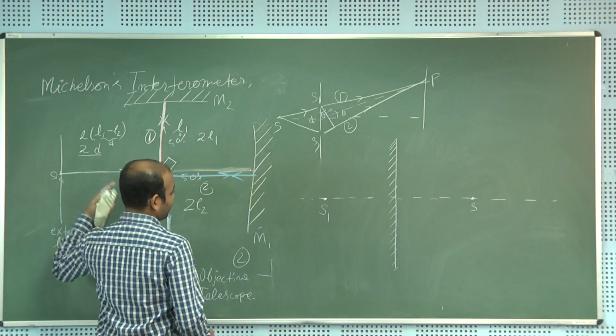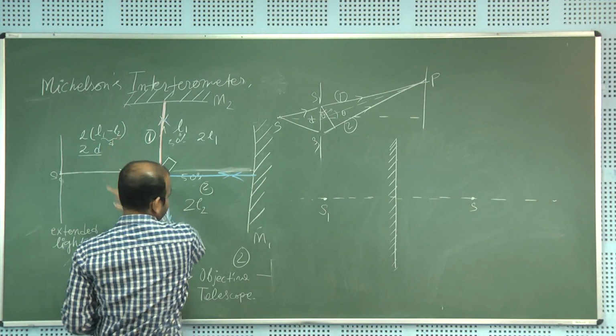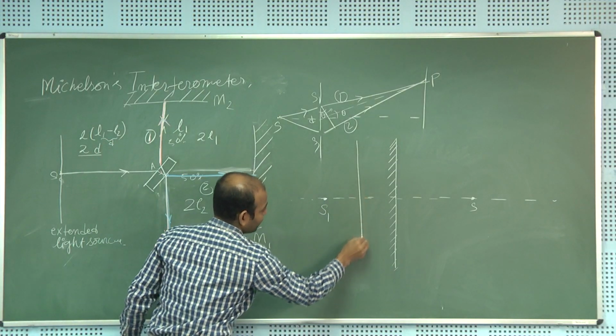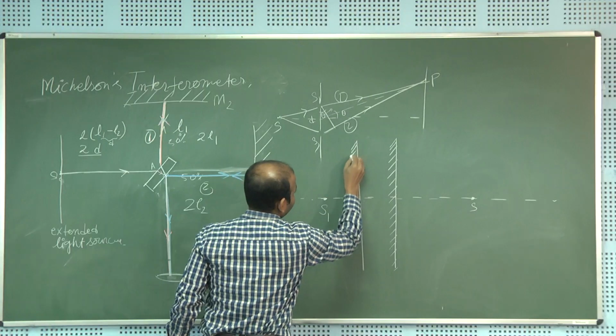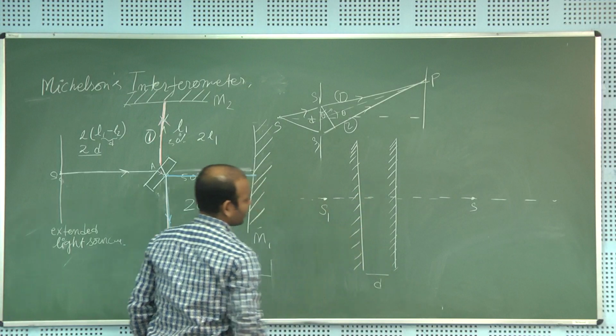And then another mirror which is separated by distance L1 minus L2, or by D. So let us put another mirror at a distance D. Then what happens?